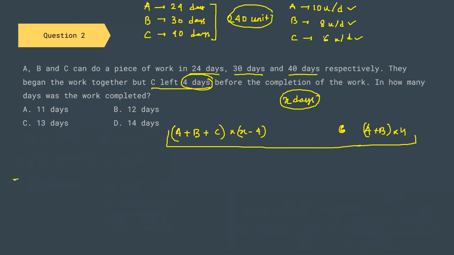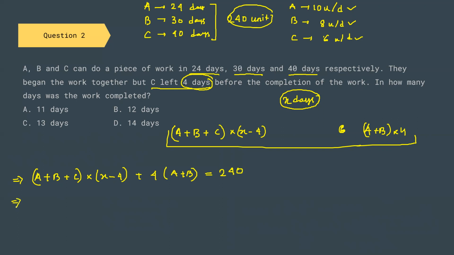So we can formulate our equation like this. We can write (A plus B plus C) into (X minus 4), because for X minus 4 days A, B and C worked together, and for the last 4 days only A and B worked together, and the total amount of work they managed to complete was 240 units.